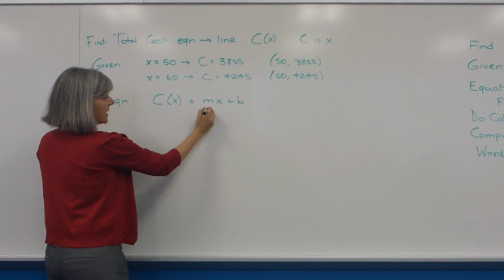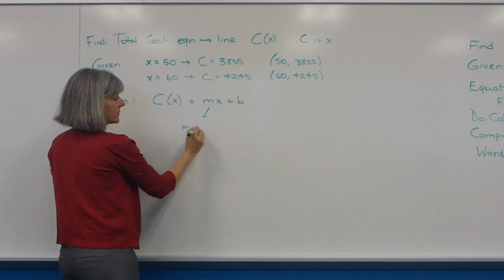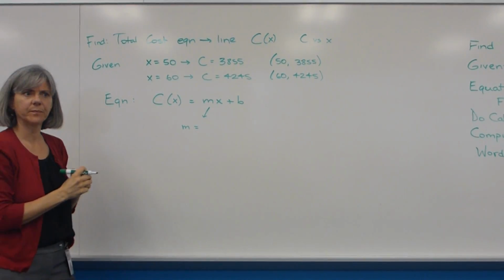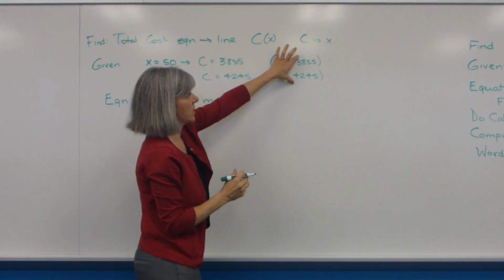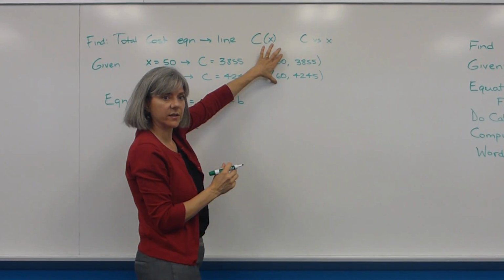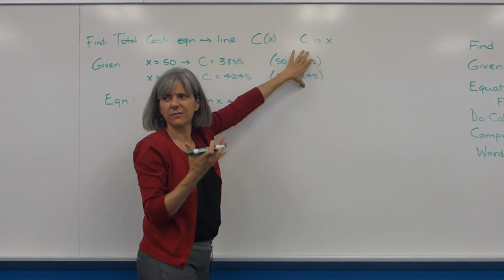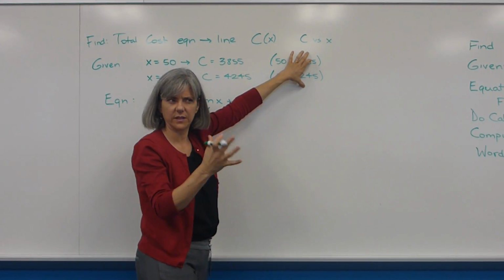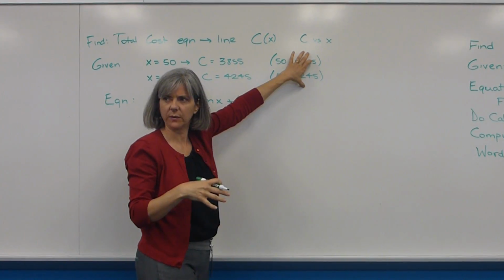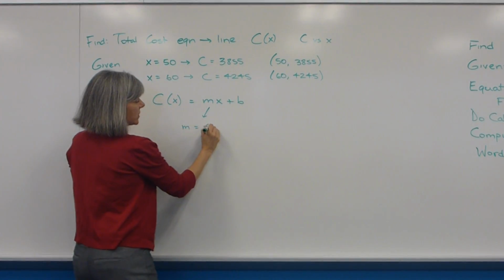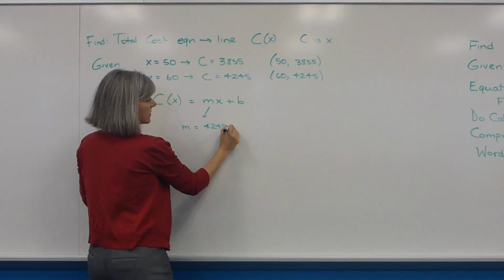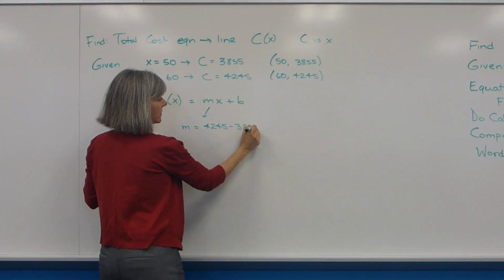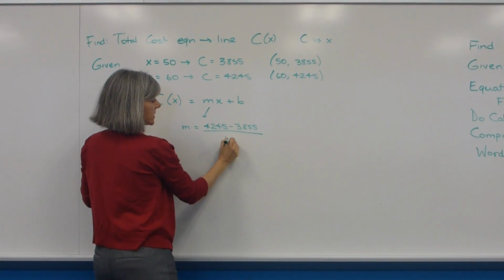So now I can find m. How do I find m? Change in y's over change in x's. I'm calling these y's, they're also capital C, but is everyone okay with kind of thinking back and forth that way? So 42.45 minus 38.55 all over 60 minus 50.